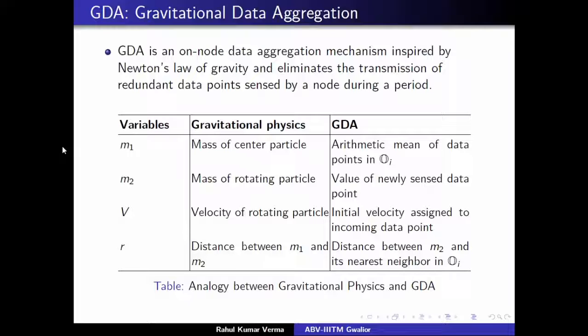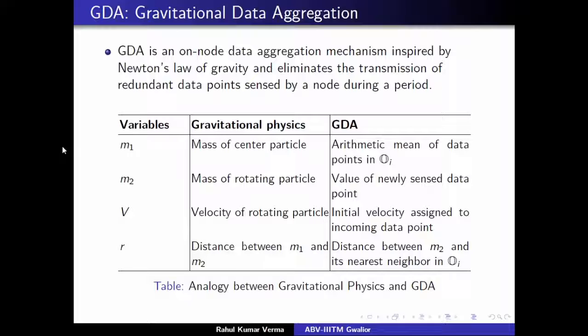The data points collected in the first period will be termed the center mass, M1, and M2 is the mass rotating around the center particle M1. In our case, M2 is the newly sensed data value, which is to be identified as redundant or not.